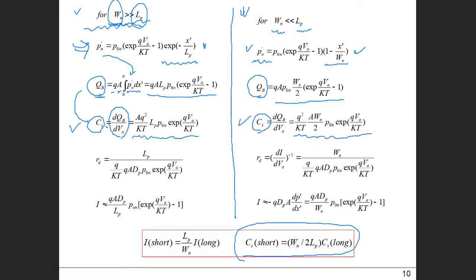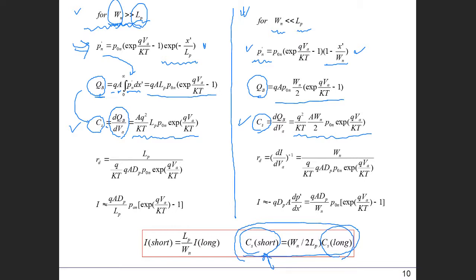CS short represents the short-base diode. CS long represents the regular PN junction diode, which has a very long contact separation.